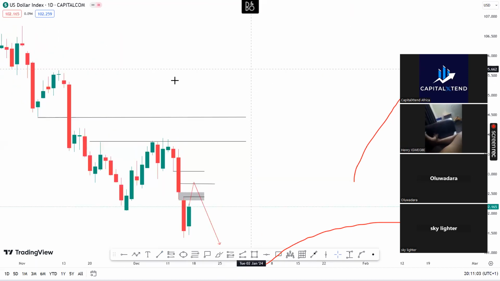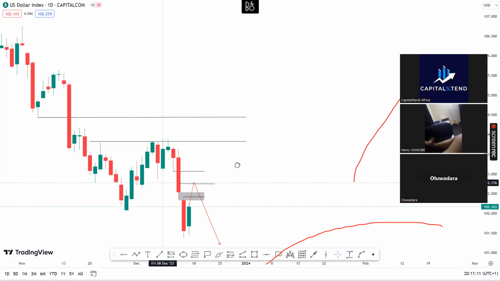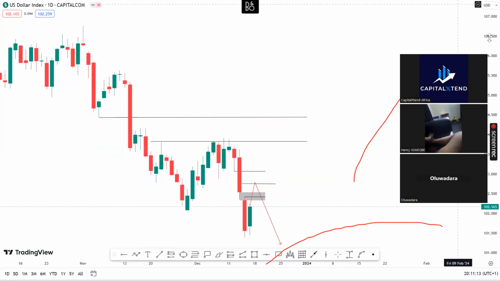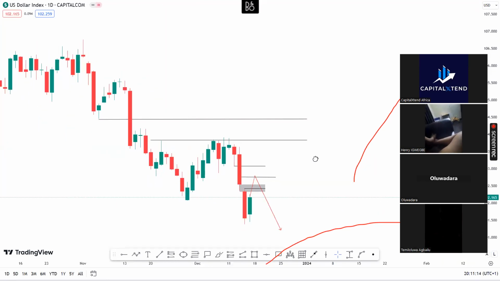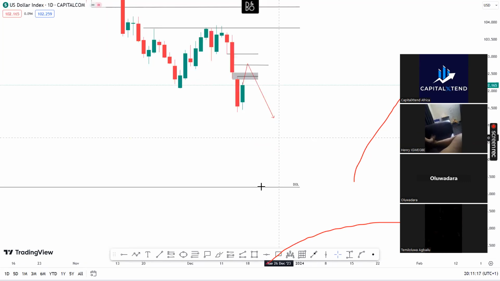Either use this gap or use the 50% of this fair value gap for the drop. Remember, we'll still have this buy side liquidity. Price needs to take it out.